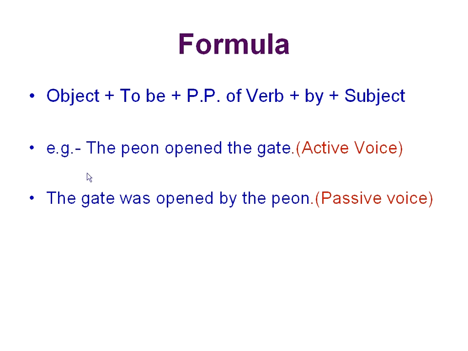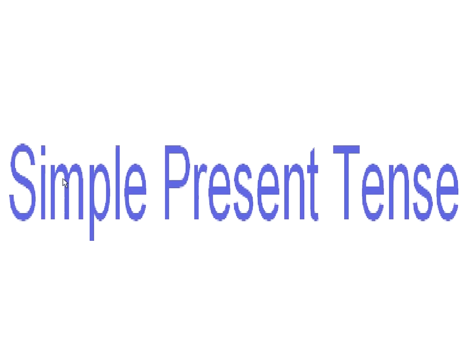Generally, the passive voice is formed with the suitable tense of the verb be followed by the past participle. So, we study some sentences in different forms of tense.